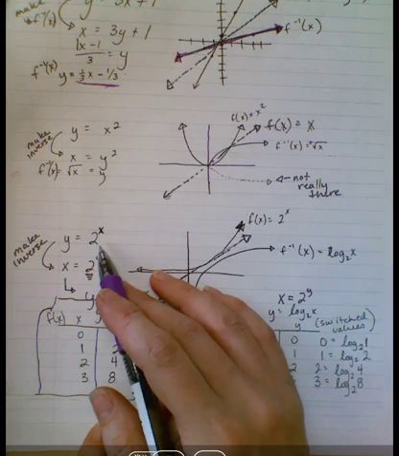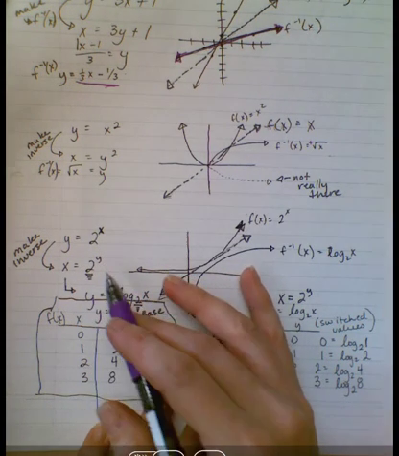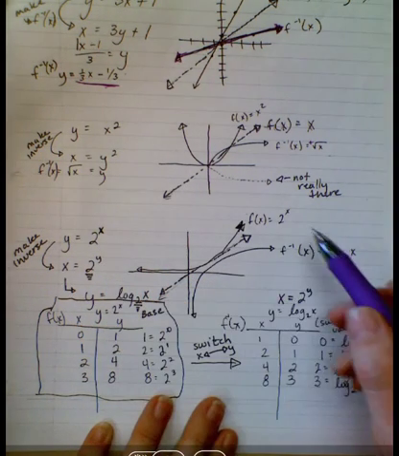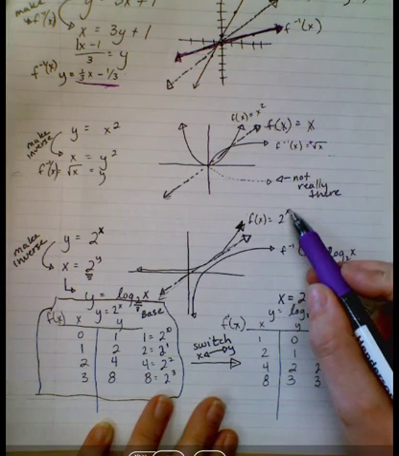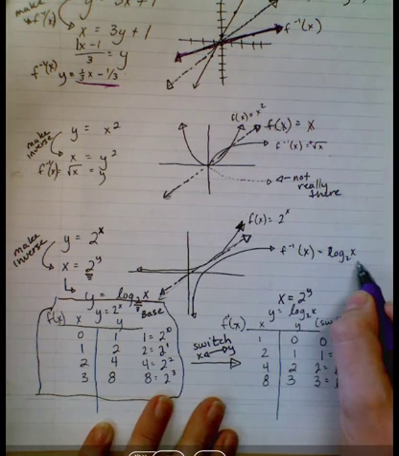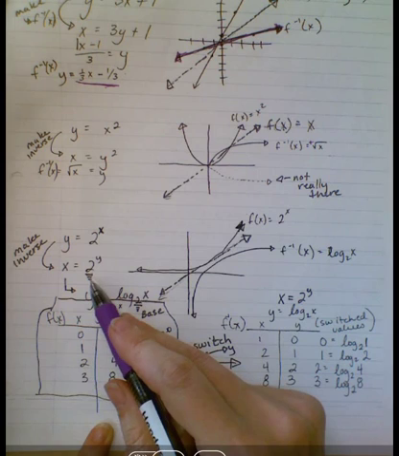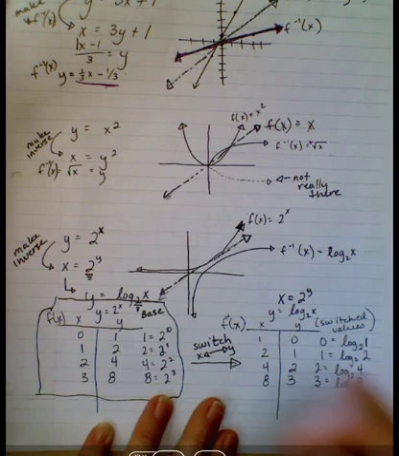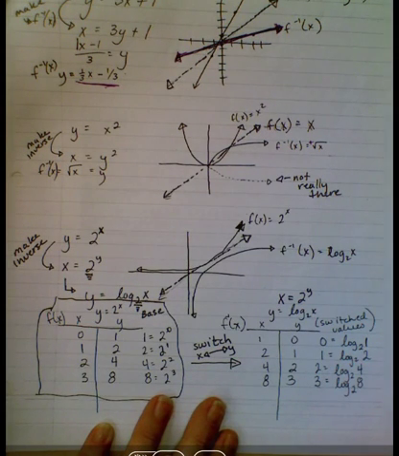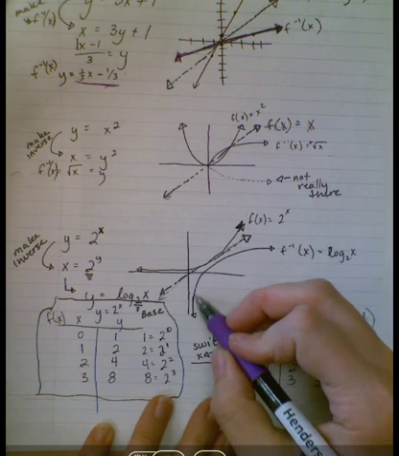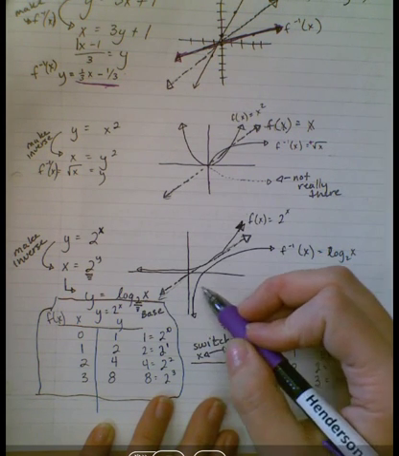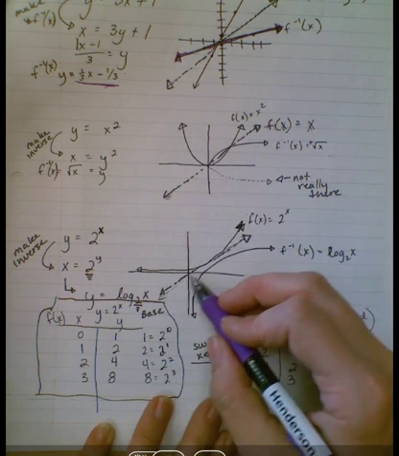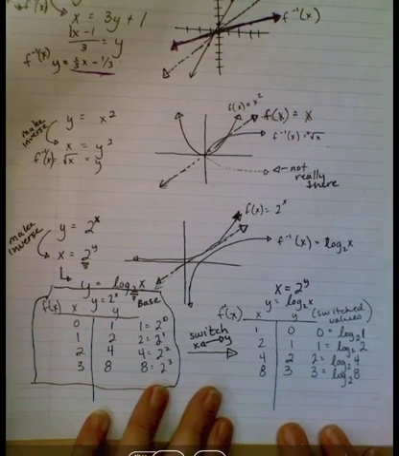If I have an exponential function and I switch the x and the y, I'm going to get a logarithmic function. So I have f of x equals 2 to the x. And the inverse of that, remember, is to take log base 2 of both sides. And you're going to get y equals log base 2 of x. That's this function inverse. And both reflected over the line y equals x.